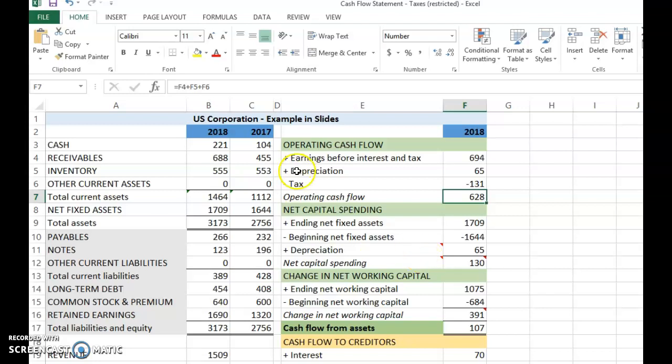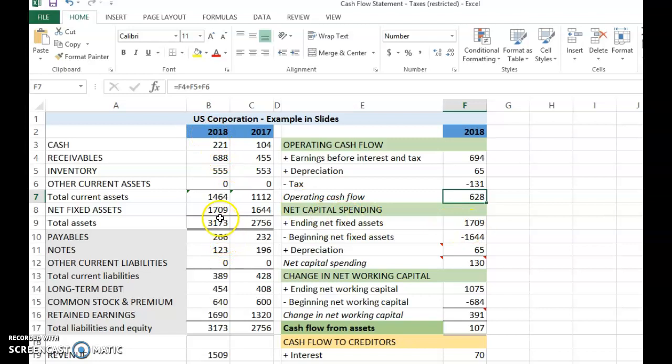That is the first component. Now the second component of the cash flow from assets is net capital spending, or NCS. This NCS is made up of three elements. The first one is ending net fixed assets, NFA 1. This is the net fixed assets at the end of 2018.